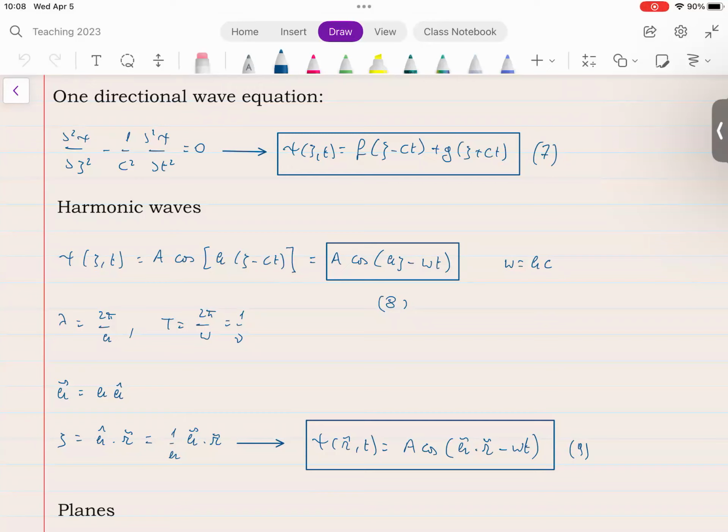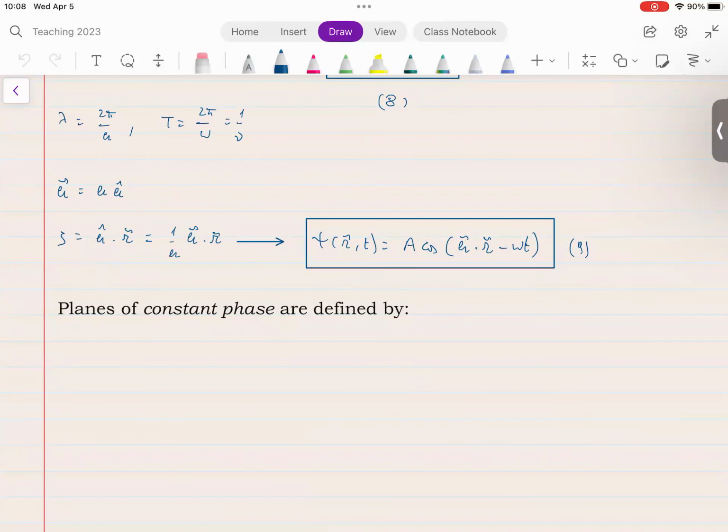The planes of constant phase are defined by the condition k dot r minus omega t, which is the same as k zeta minus omega t, needs to be constant.